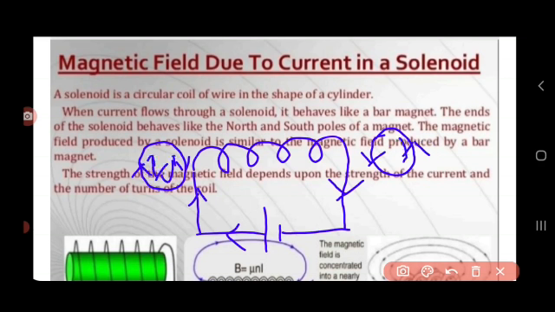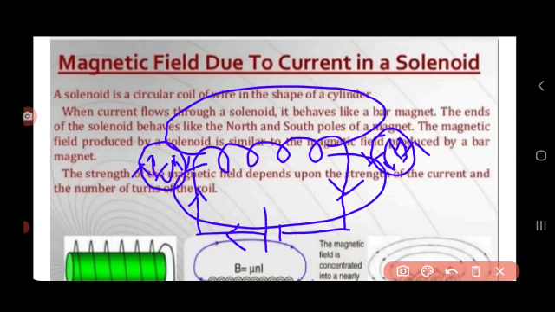Now, the strength of a solenoid can be increased by two ways.